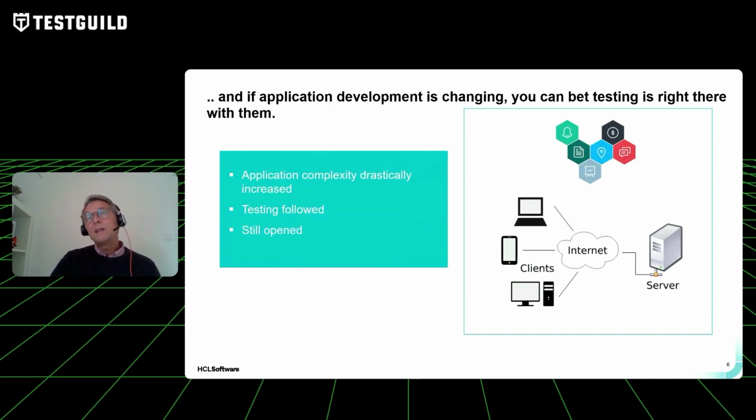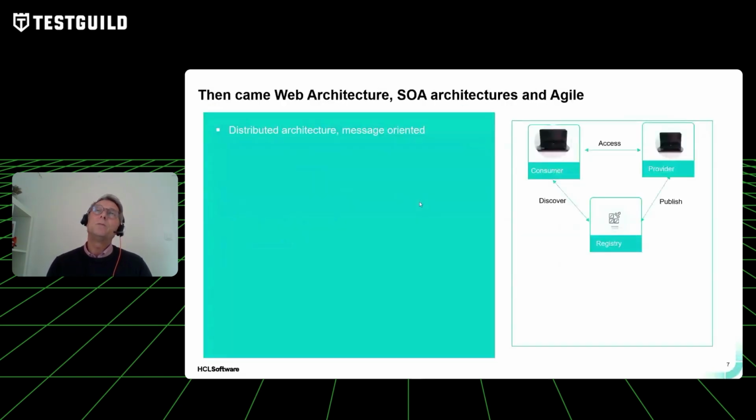But the systems were still open to be tested, so it was still very possible to write programs replacing that virtual user, for example, and write a program that would send messages over the net and trigger the server to make sure that it behaves as expected. There was no restriction.